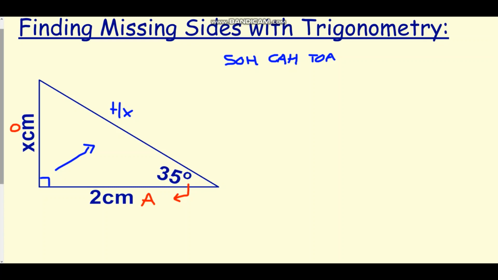So with our opposite and adjacent side, that set of side lengths on a right angle triangle matches with the TOA part of SOHCAHTOA. That means we're using the trig function tan x is equal to opposite over adjacent.